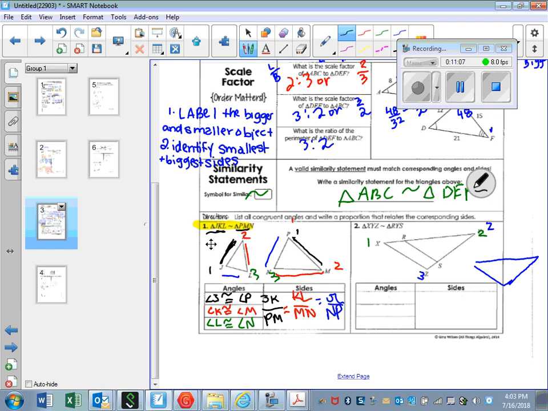R is 1, Y is 2, and Z and S is 3. That makes it easier to see what I need to do. To get you started, angle X corresponds to angle R. Alright guys, you do the rest of that problem, number 2 and number 3, and you should be set for this section.